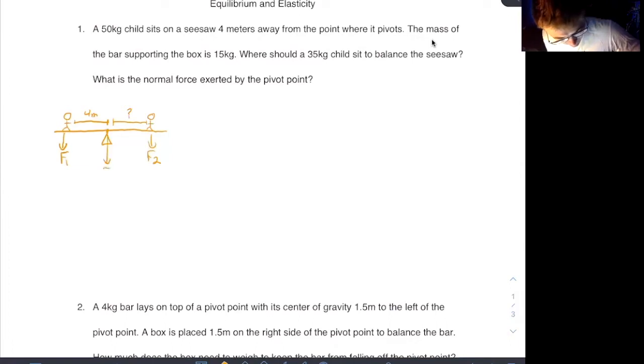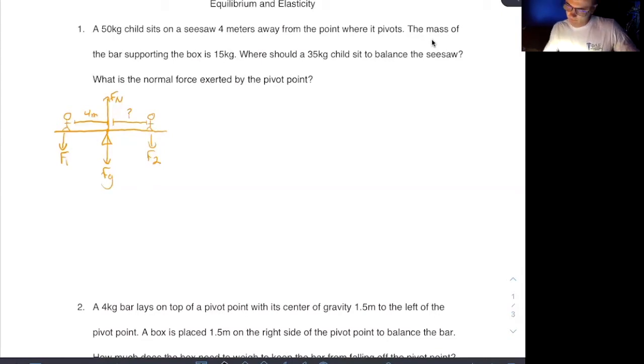It's going down, force gravity. And the pivot point is also pushing up on the bar, so then we have the normal force. Okay, now that we have all of that written down, let's see, what do I want to do first? Normal force.